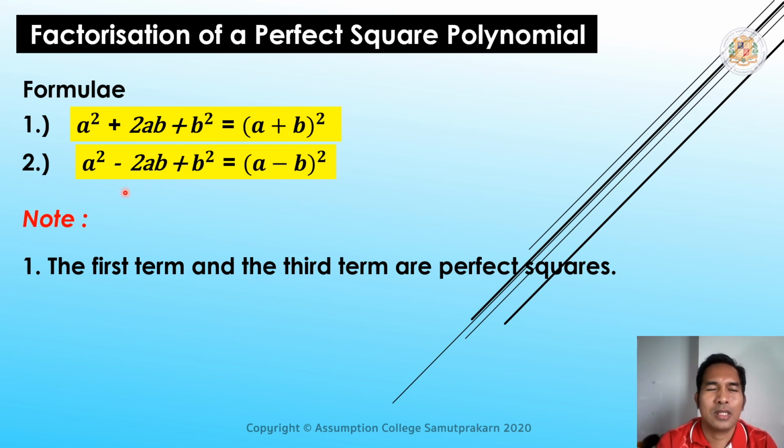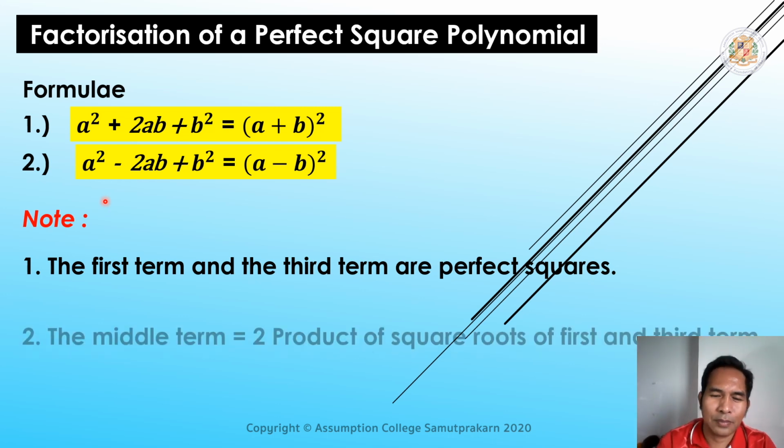So again, you must have a perfect square. Do you remember the perfect square numbers? Perfect square numbers are 4, 9, 16. So again, any number multiplied by itself is a perfect square number.